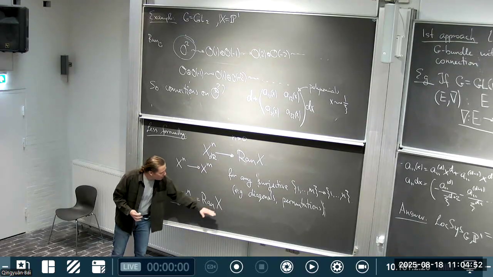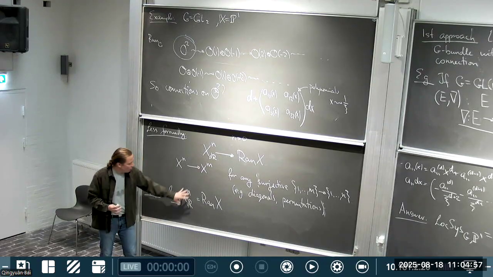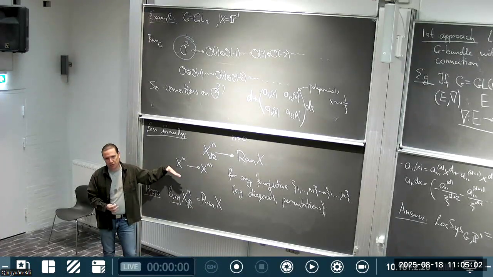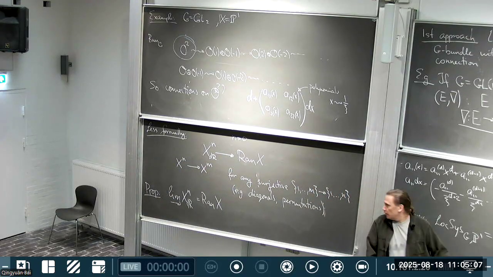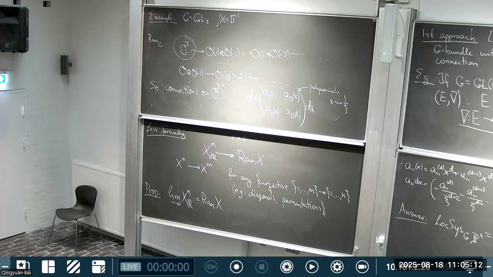Because of this identification, we can think about objects living on the Ran space as compatible systems of objects with connections on powers of X. Let me just leave it as is for a moment in case there are questions.